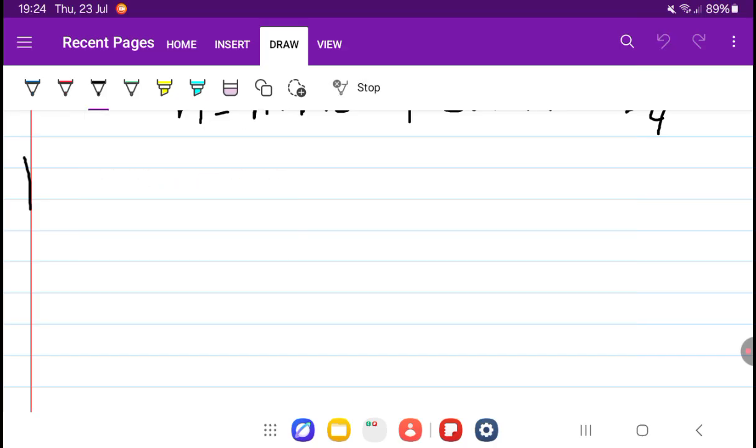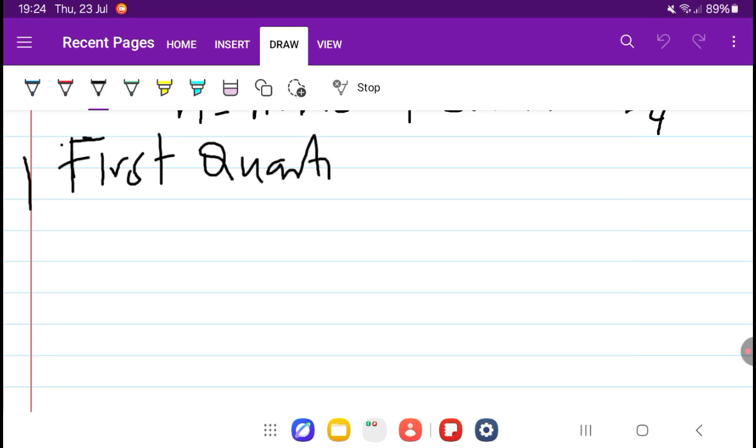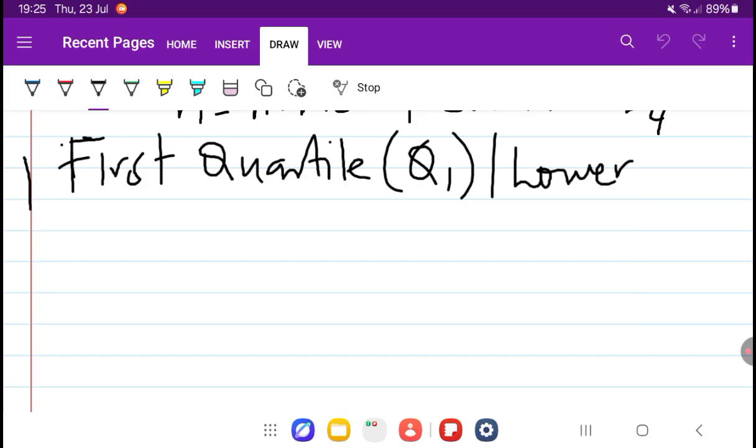So the first quartile, that is Q1, you can call it the first quartile or lower quartile. Either way, you will be right.